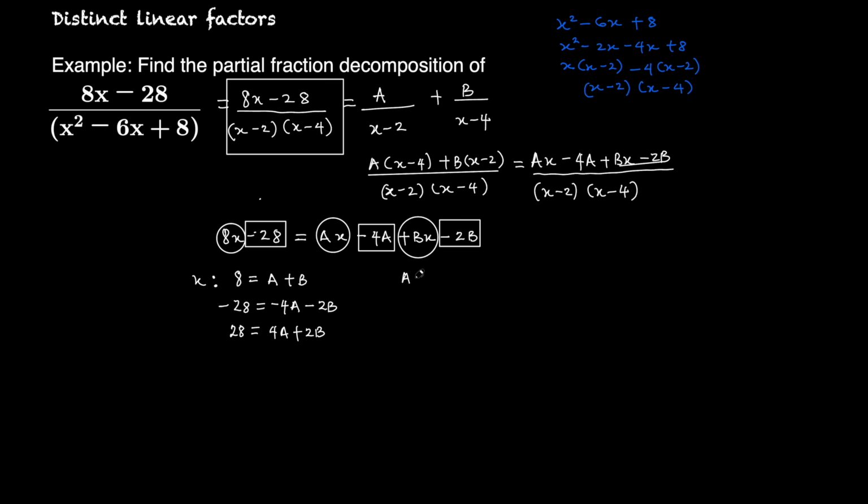Now we call this first one equation 1, and we call the second equation 2. So 4a plus 2b equals 28. We can try to eliminate b by multiplying equation 1 by 2, so that we have 2a plus 2b equals 16, and this multiplied by 1, 4a plus 2b equals 28.